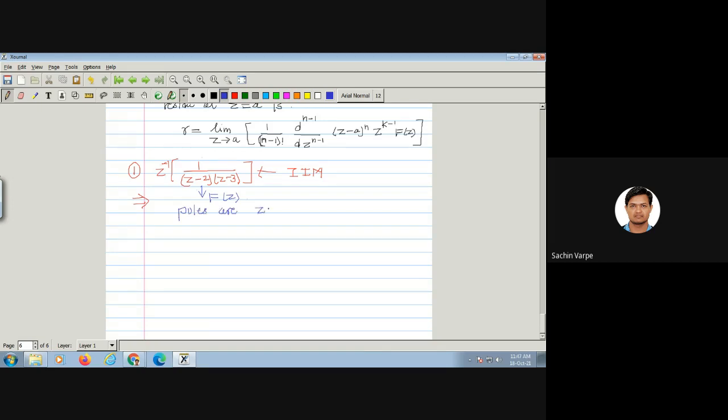Poles are Z equal to 2 and 3, and both are simple poles because the order of these poles is 1. So first of all I'll consider fz into z raised to k minus 1, that is z raised to k minus 1 upon z minus 2 into z minus 3.